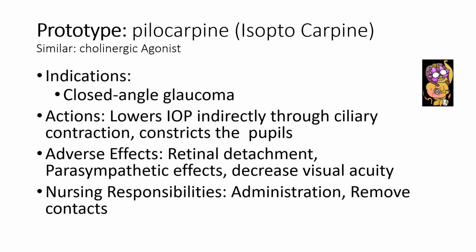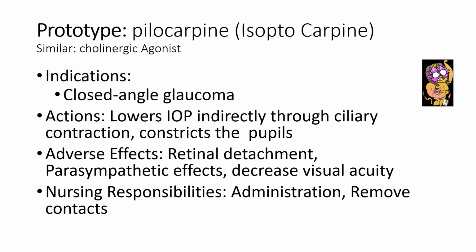And what that does is it pulls the iris away from the bunched up corner that it was in in acute closed angle glaucoma. So with that effect, you're allowing the drainage to open back up because the iris is being pulled away.